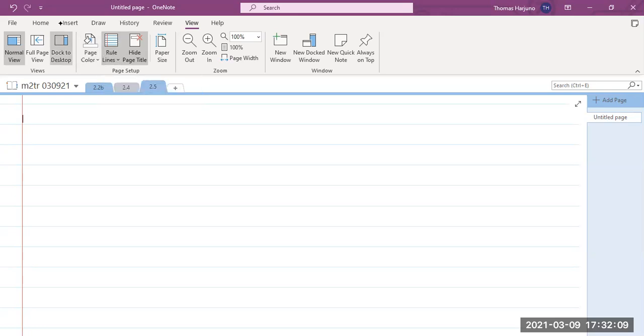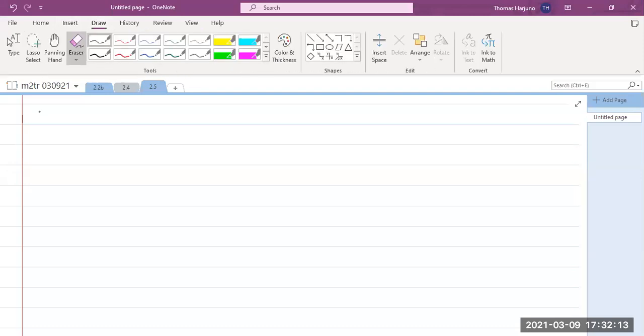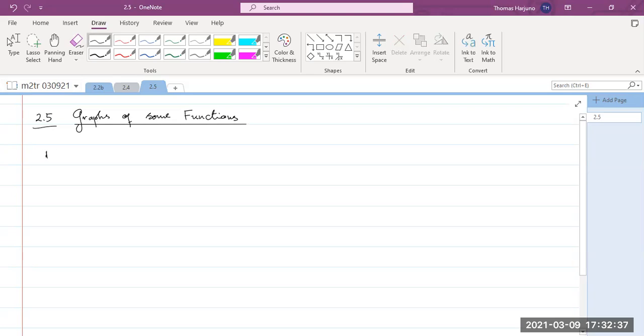Now, in 2.5, we learn to graph some functions. Now let's get over some easy stuff first. A function definition.